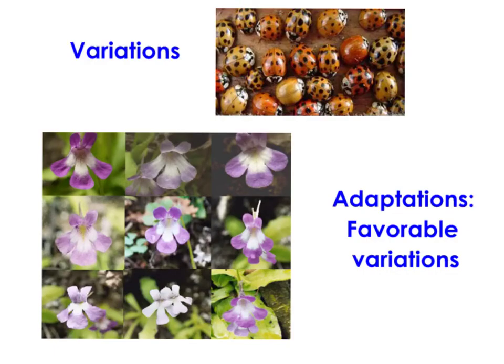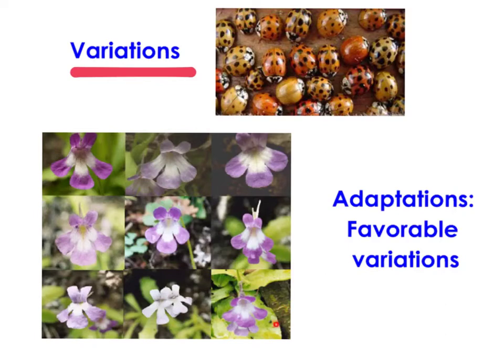So key words here are variations. We have some variations right here. Look at this population of ladybugs. There's a lot of variation in their shell, in the colors and the spots on their shell. Here's some more.